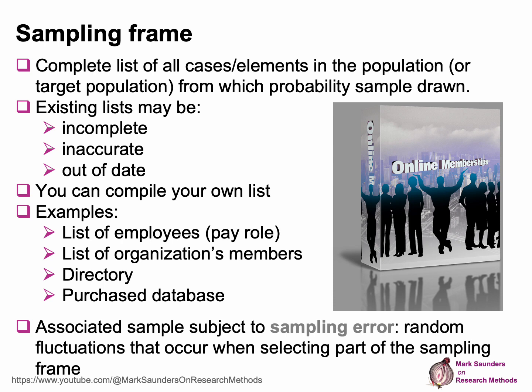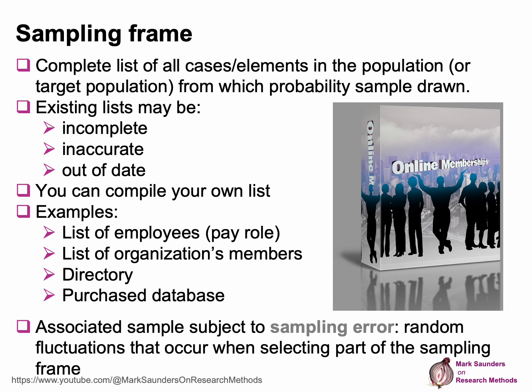Or we may use something else, but the trouble is that these existing lists are sometimes incomplete or inaccurate, or of course they can be out of date. We can also compile our own sampling frame. Examples of sampling frames include a list of employees, such as a payroll, a list of organisation members, such as an online membership list, as we can see illustrated in the picture, directories of organisations, or indeed purchase databases.